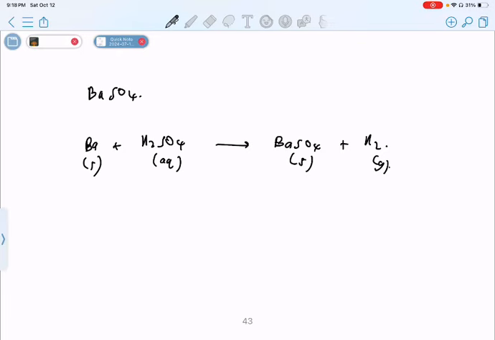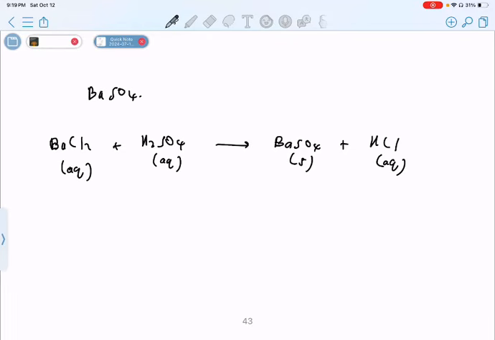Okay, so when we are having a formula like this, the ionic equation for it will be as follows. Let's actually change this a bit. Let's have BaCl2, okay? So you'll have HCl, and if we look at this, it is not balanced.